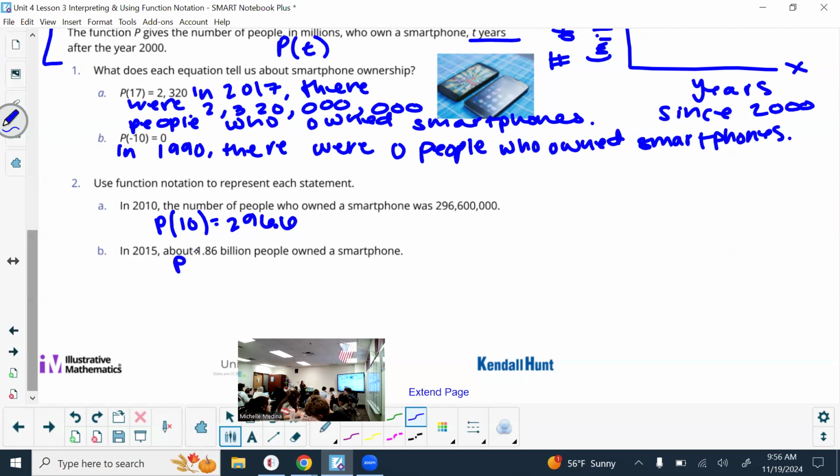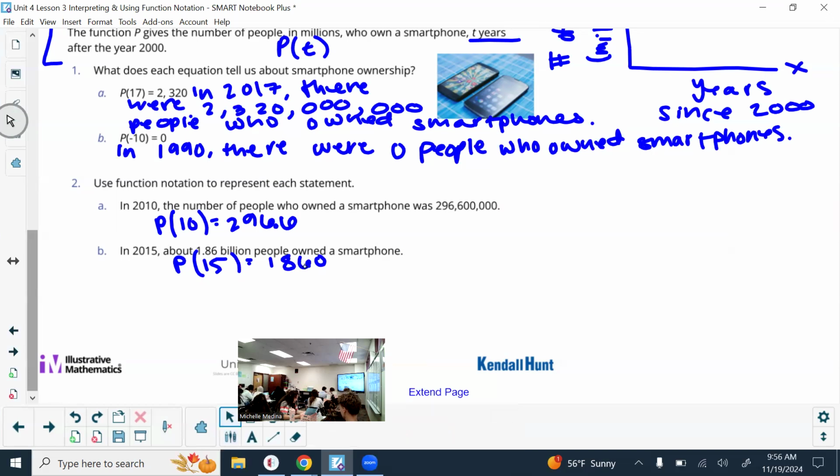We have 15, 860 or 1,860. Okay. So let's see. Use the correct function name. We're talking about function P, so that's why there's a P here. 2015 is 15 years after the year 2000, so that's good.